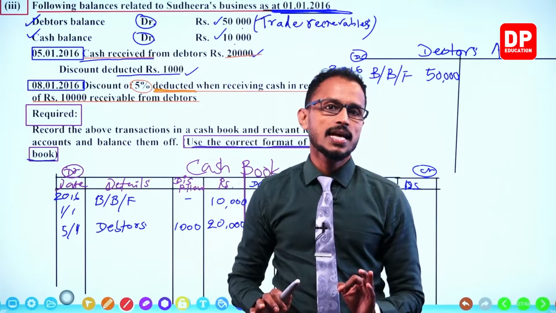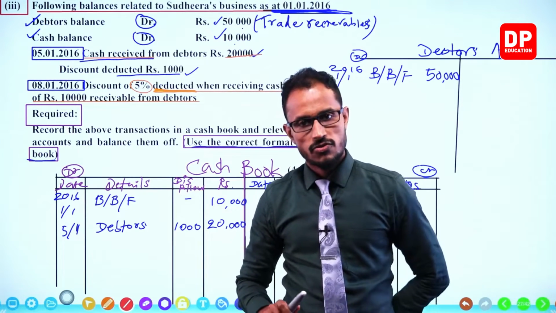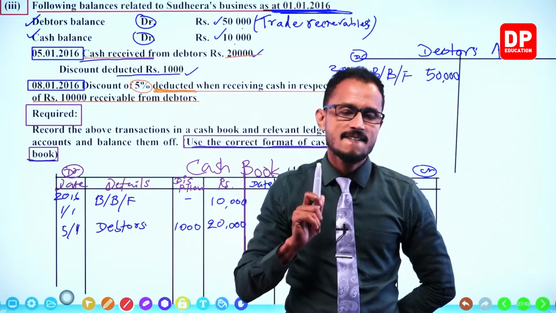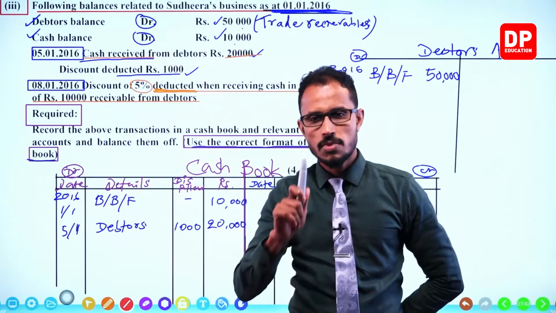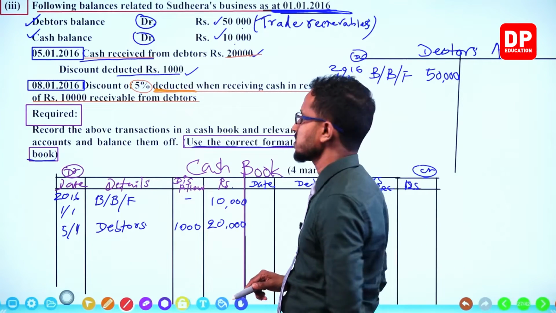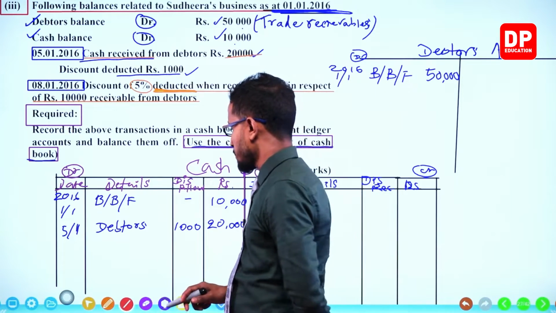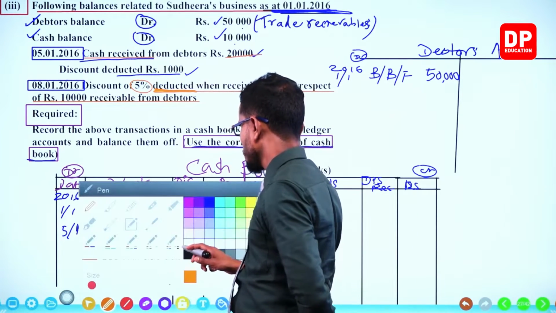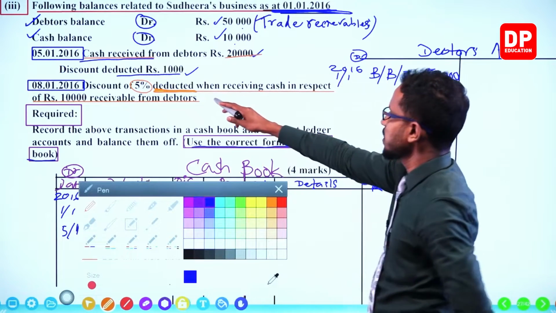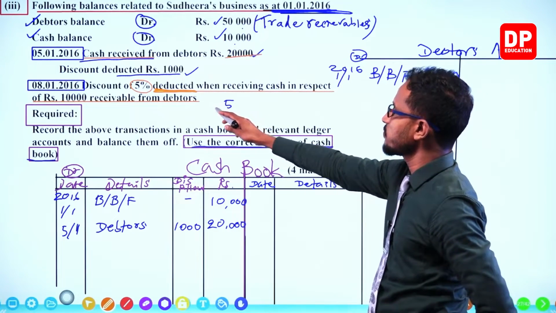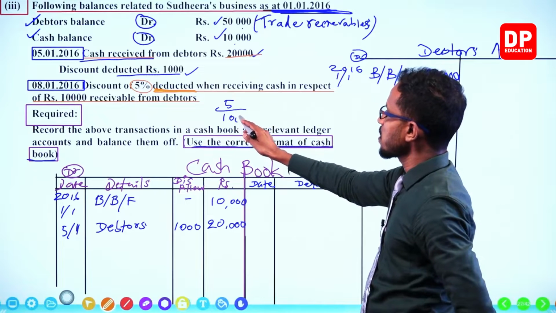Now you must deduct the discount from the debtors value, receivable value. Which means take the 5%, 5 over 100.